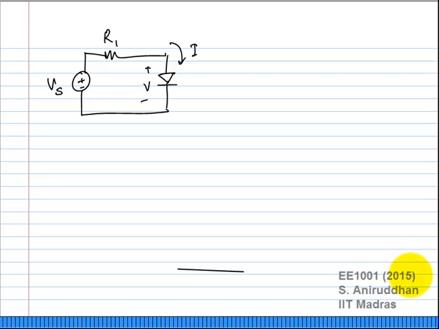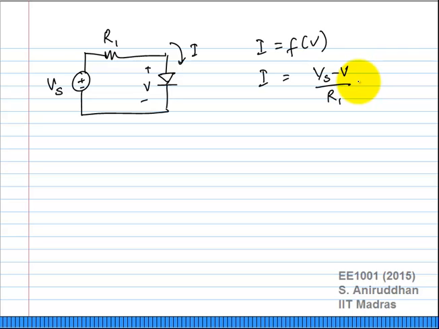As we wrote down earlier, you have two relationships: I equals f of V and I equals Vs minus V by R1. These are the two relationships that describe the voltages and currents in the system. How did you solve it in the case of the resistor?